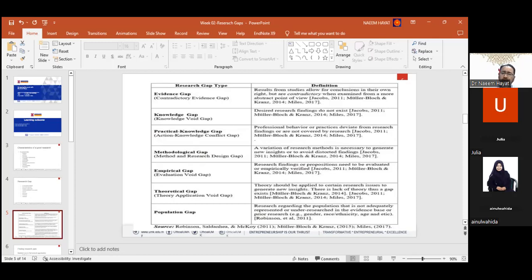Another thing that we can work on is the practical knowledge gap. Sometimes there is a gap available in practice. The professional people, what they are doing, maybe they are not following or not doing accordingly what is documented in research. So it means the practice knowledge gap is there, sometimes called the action knowledge conflict gap.